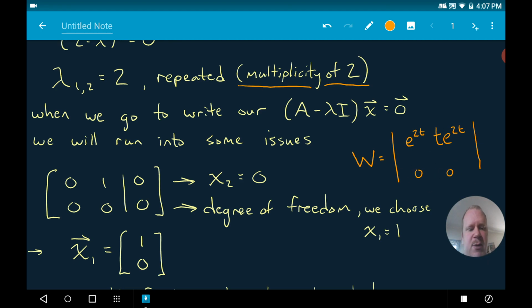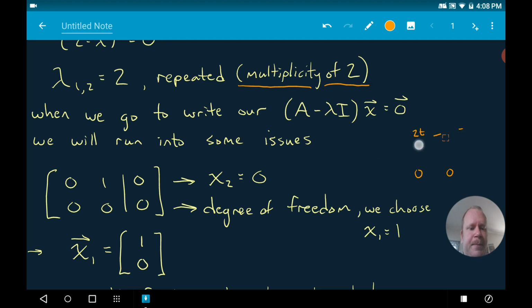That means we don't have a fundamental set of solutions, and that's just not what we want, right? We want to have eigenvectors that are linearly independent. Neither of them are equal to 0, and then the solutions that result from that, we want those to be a fundamental set of solutions. Sorry.